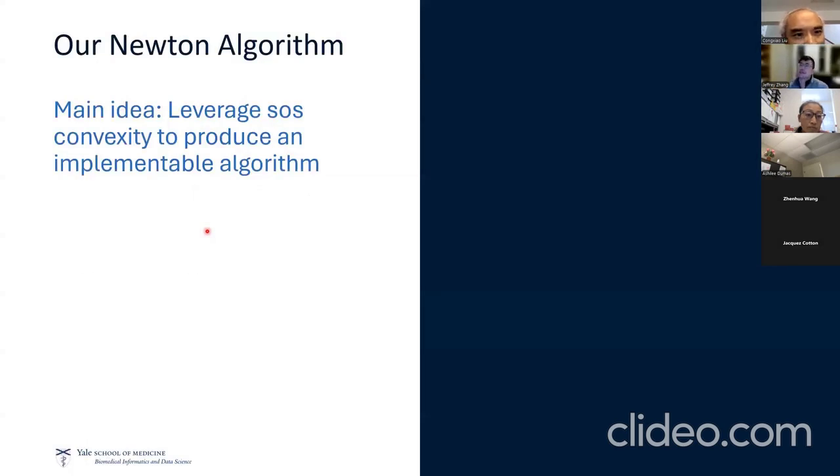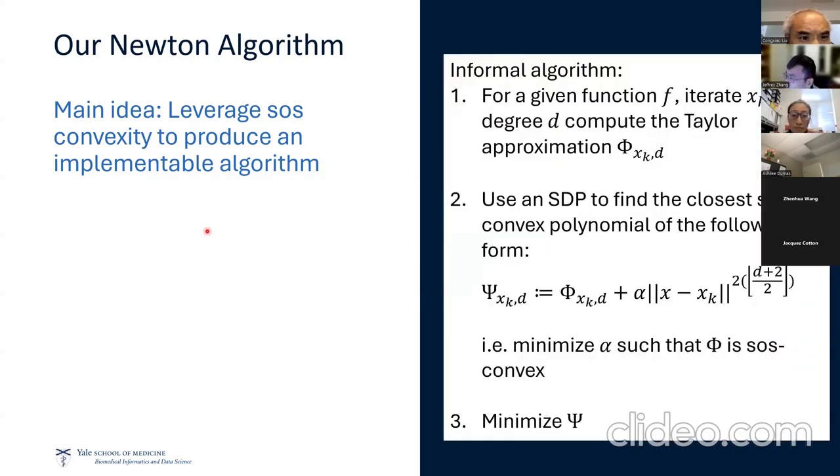Again, the main idea is that we want to leverage SOS convexity. We're going to take the ideas behind SOS convexity and put them into the framework of convex regularized Newton's method. So this is the informal statement of our algorithm. The convex regularized Newton's method takes a Taylor expansion and adds a regularization term.